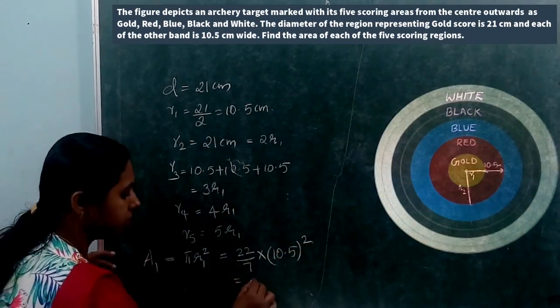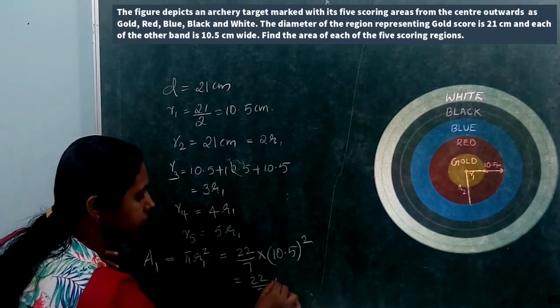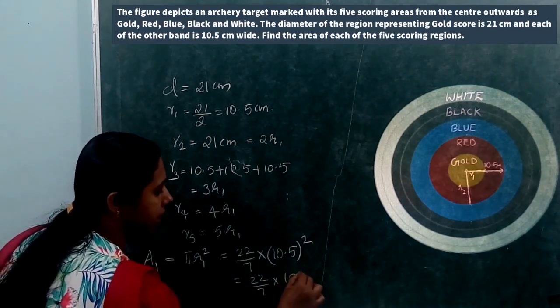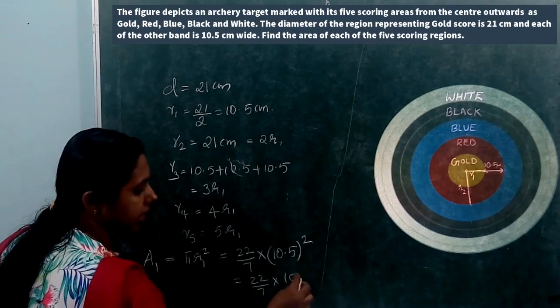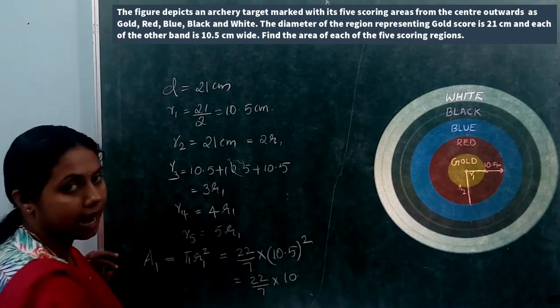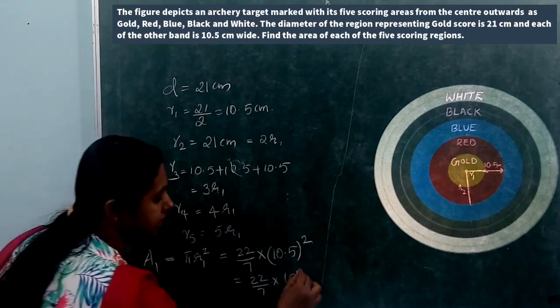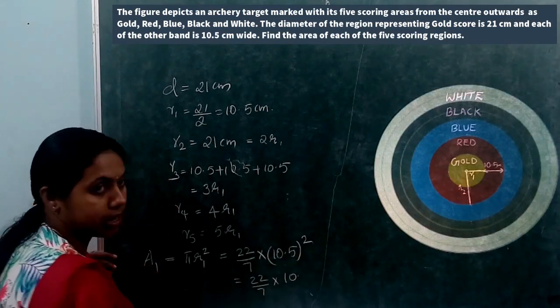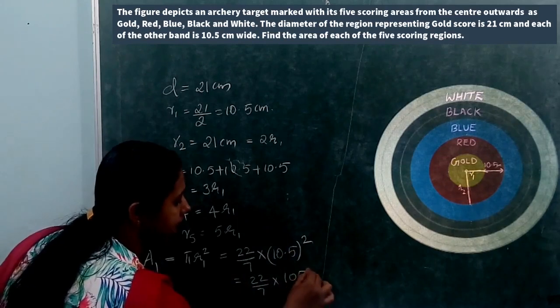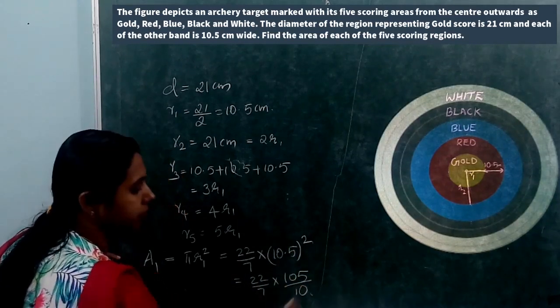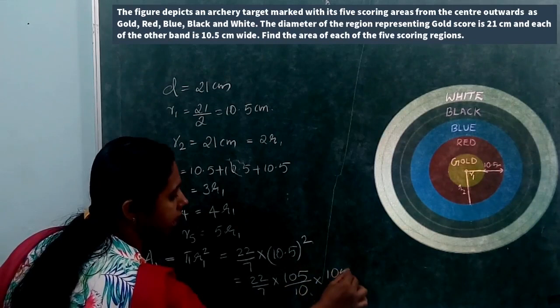That is equal to 22 by 7 into 10.5. We can write it in the fraction form, then your calculation will be a little more easy. 10.5 we can write by multiplying the numerator and denominator by 10, then it will be 105 by 10 into 105 by 10.